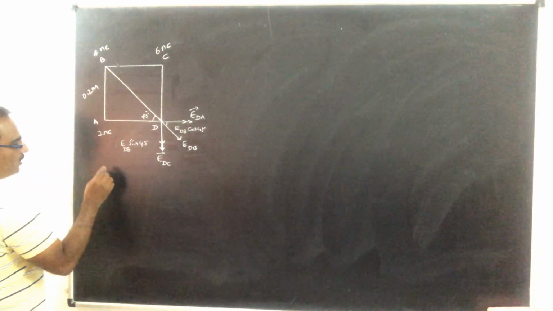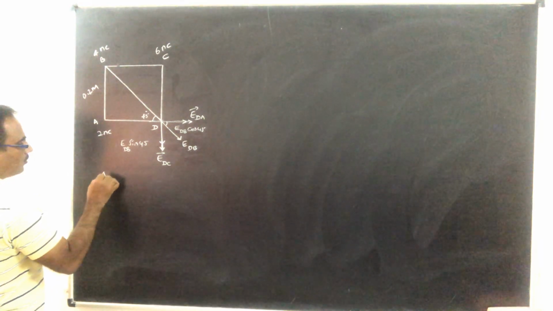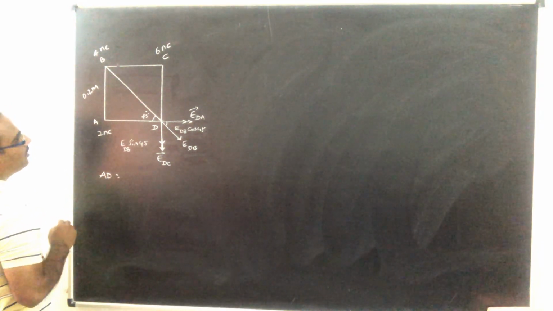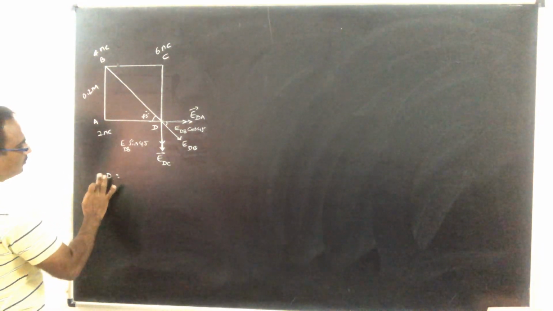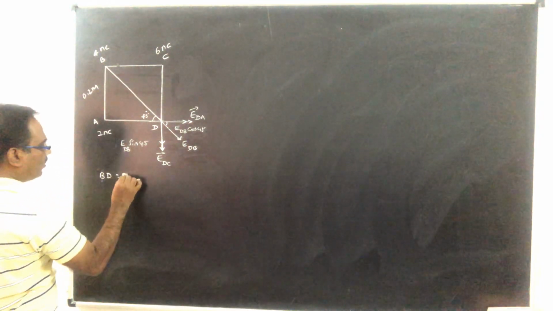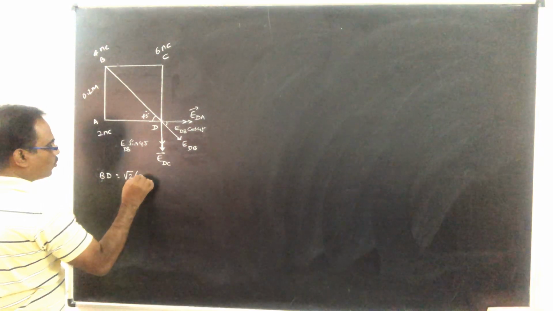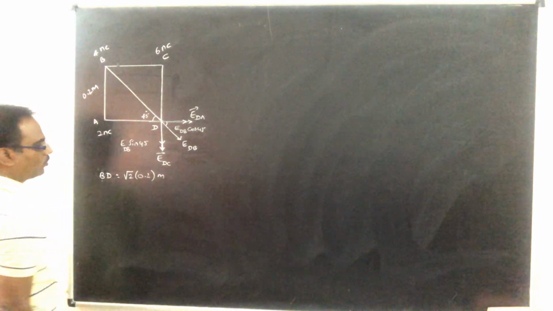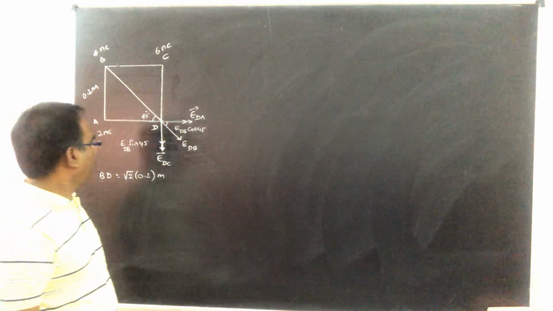See, in this square, the diagonal BD is root 2 times the side. That means root 2 into 0.2 meter.